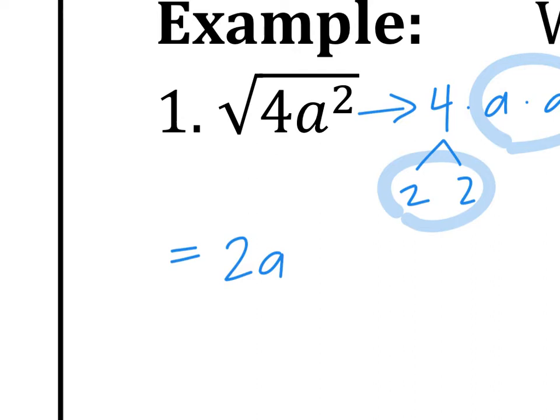Do we want a positive number or a negative number? Positive. So how can I guarantee that a is always going to be positive? Absolute value. So then this is where you have to put absolute value around only some things. Does that make sense? You want to guarantee that number will always be positive. Therefore, when it comes out, you got to put absolute value on the variable.